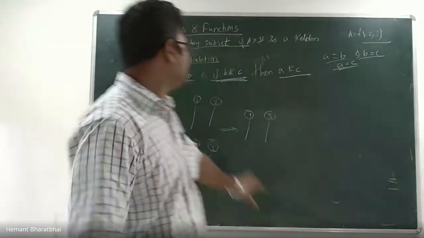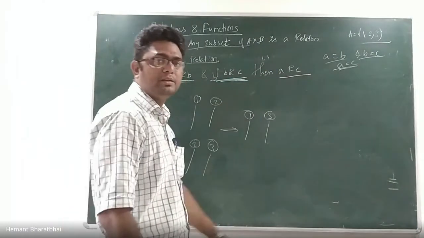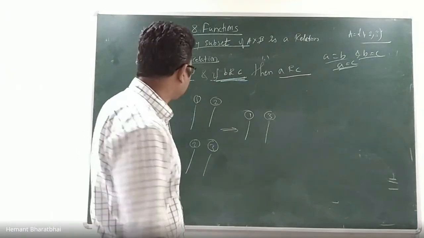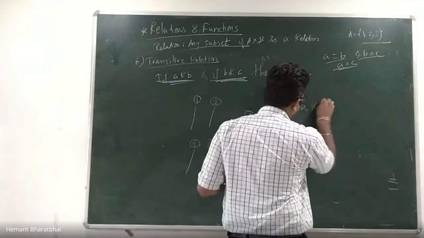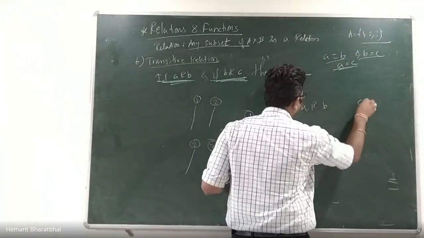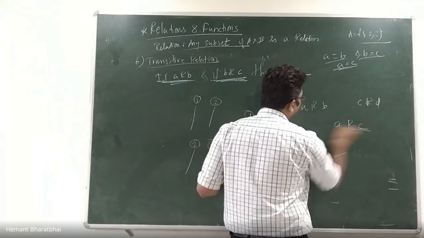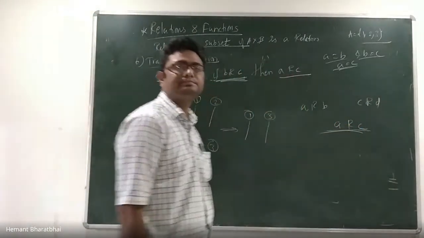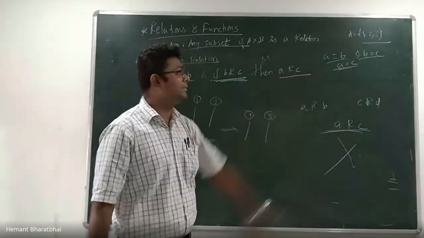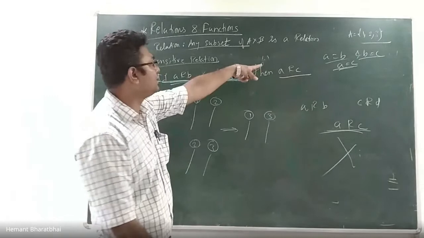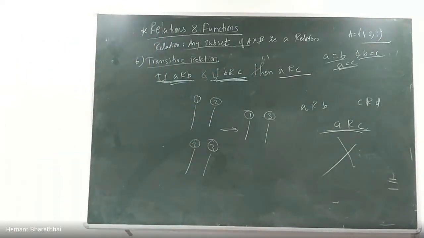So only if there is a relation between A and B and B and C, we will talk about A and C. But if A is related to B and C is related to D, then I should not talk about the relation of A and C because there is no common link. Here I can talk about the relation between A and C because there is a common link.